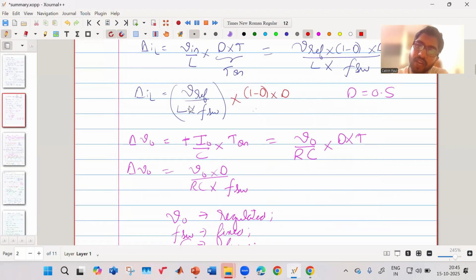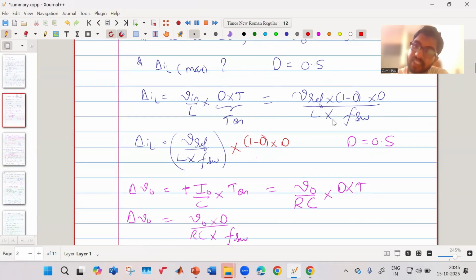You find the expressions, and then you substitute the values. If you know the expressions by heart, you don't need to find it. But in case you don't know, you can also derive it during the exam time as well.